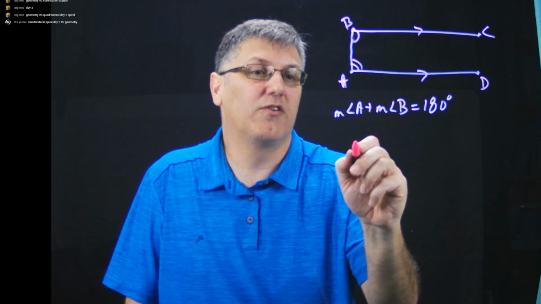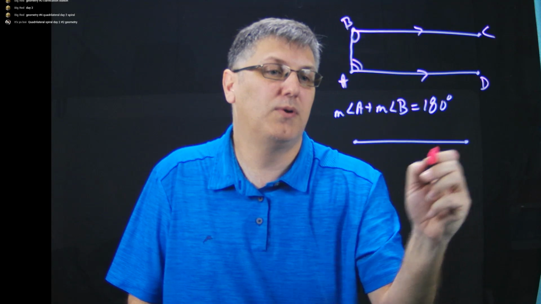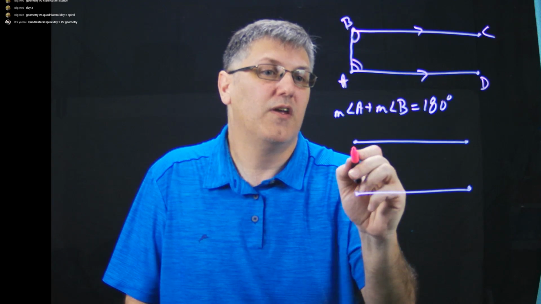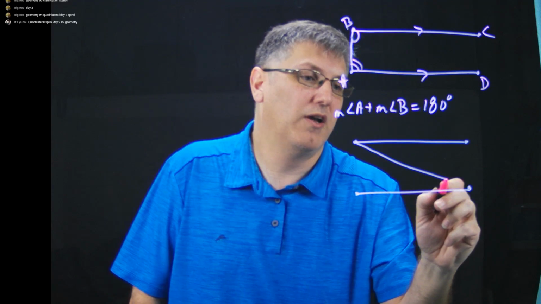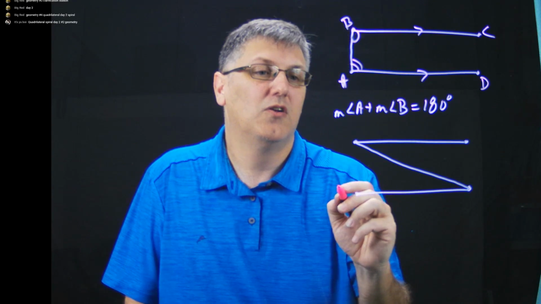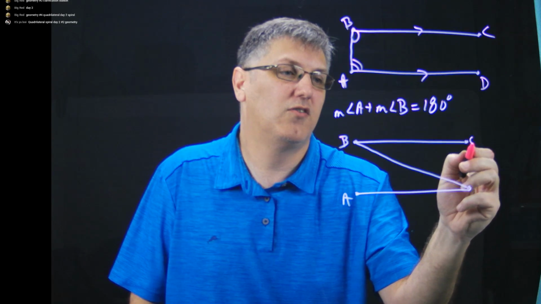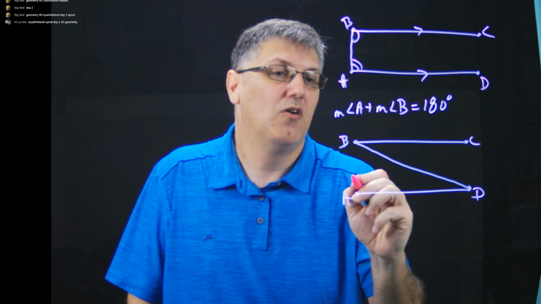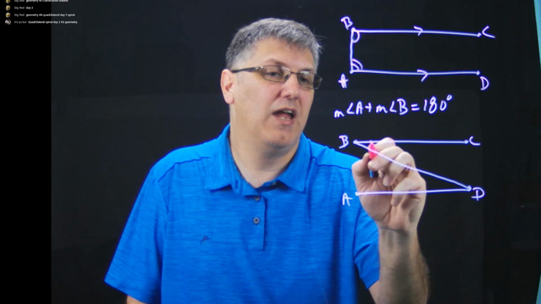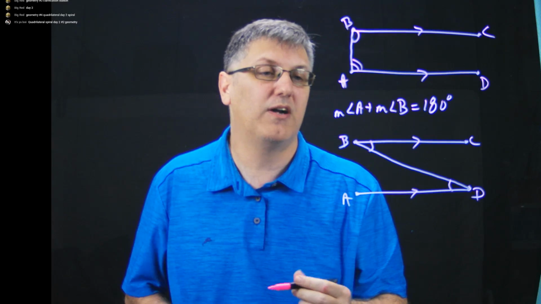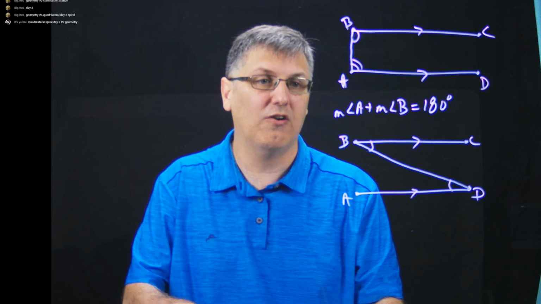The other scenario that I could kind of think of is if I have two parallel lines and I draw it this way and connect the endpoints. Well, it really just depends on how we do this. A, B, C, and D. We would know that this angle and this angle are congruent because of parallel lines cut by a transversal, and these are opposite interior angles.